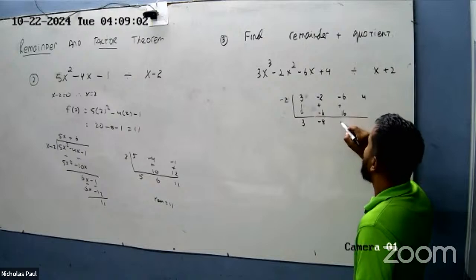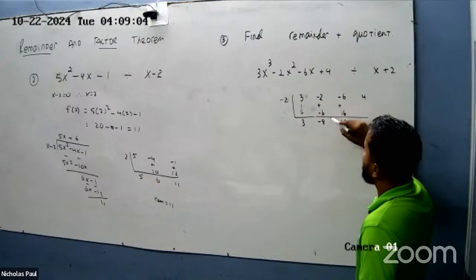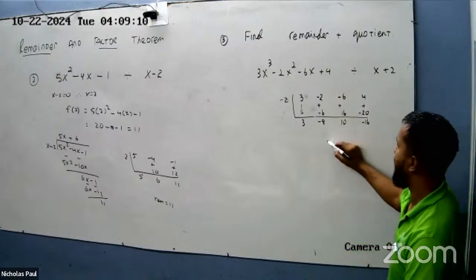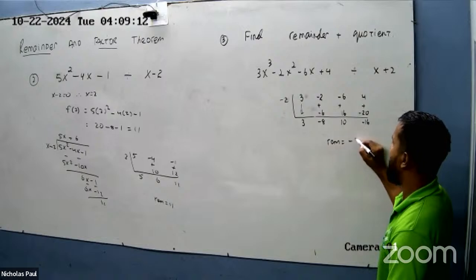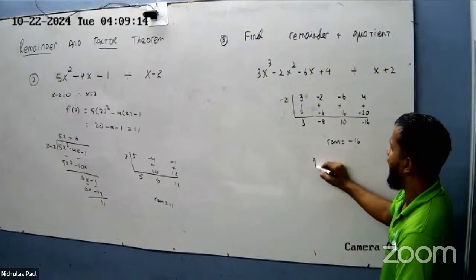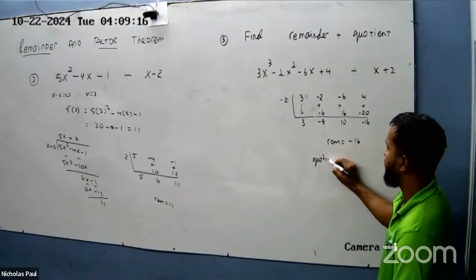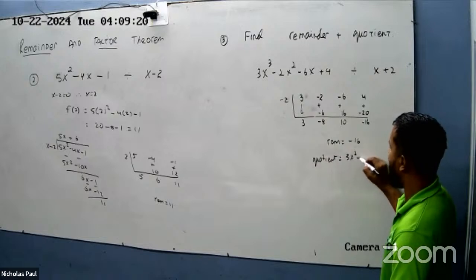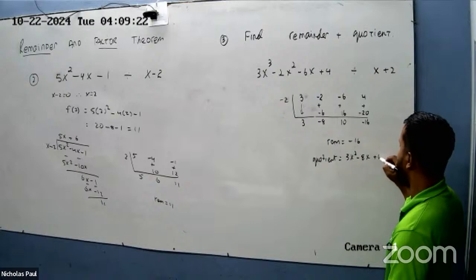Add, I am getting 10. Minus 2 by 10, minus 20. Add, minus 16. So therefore, the remainder is minus 16 and the quotient is 3x squared minus 8x plus 10.